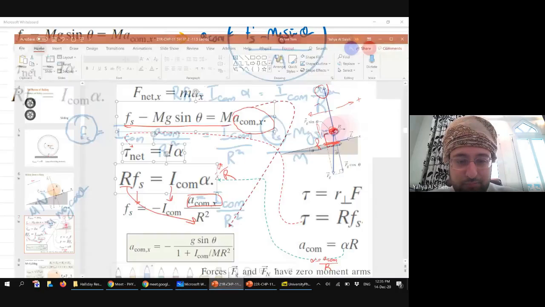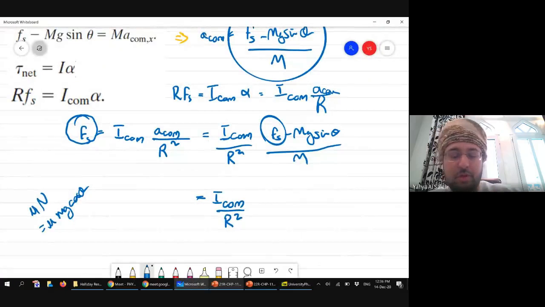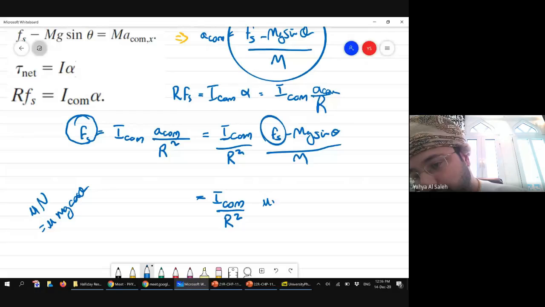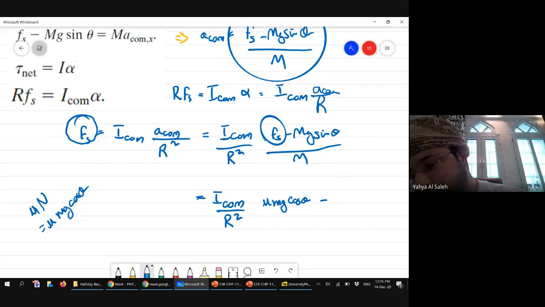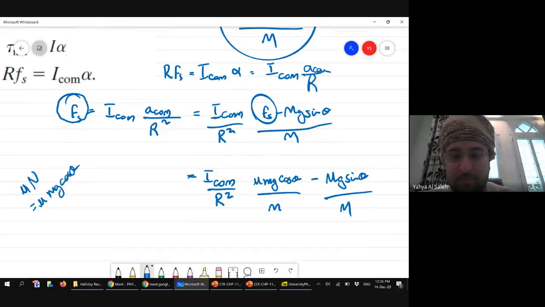Put it back in. Mu mg cosine theta minus mg sine theta, divided by m.